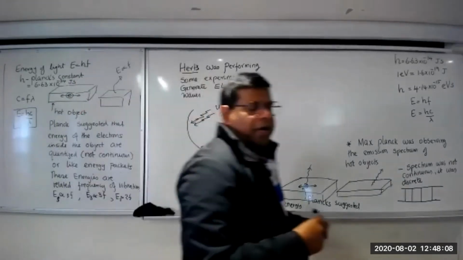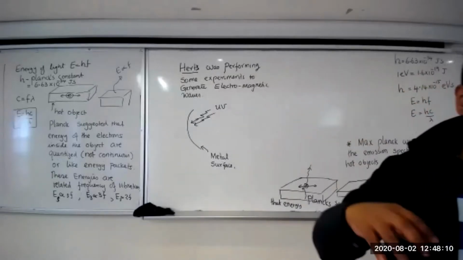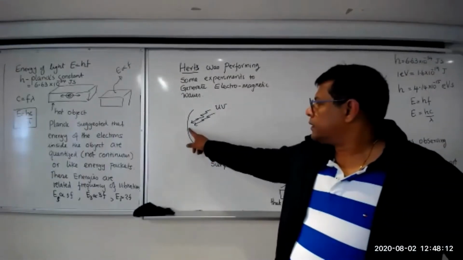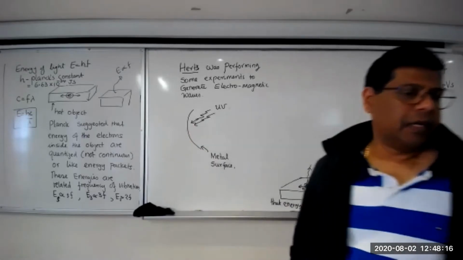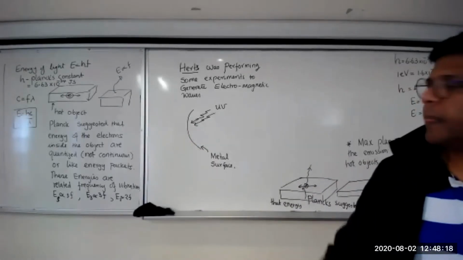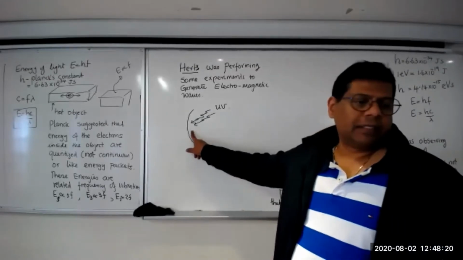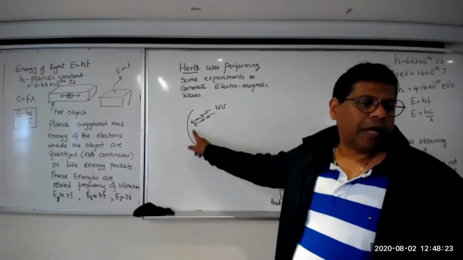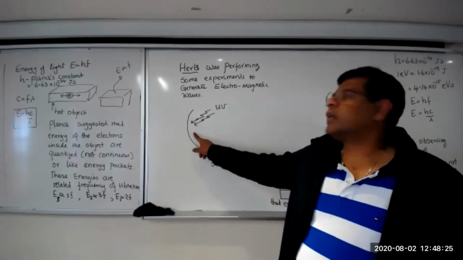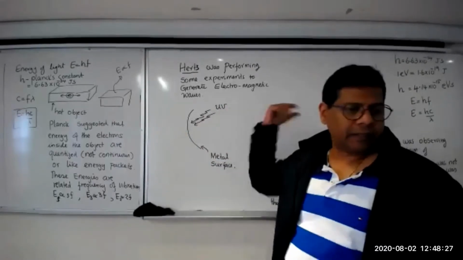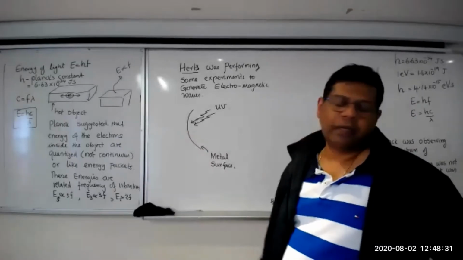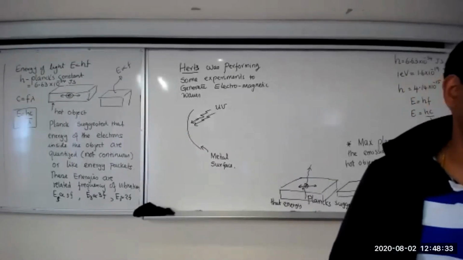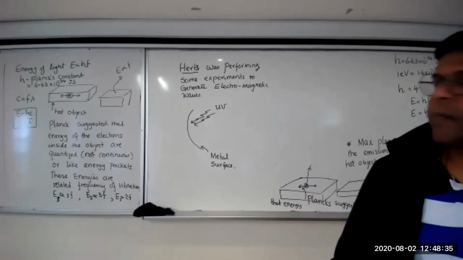What he was finding is whenever you shine the light, you can see it building up a positive polarity here. The surface becomes positively charged. If that is positively charged, it means you're removing some electrons. Initially he found that the metal was positively charged, which means you're lifting some electrons out.